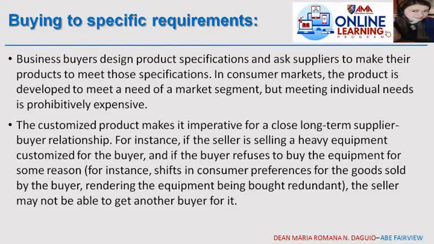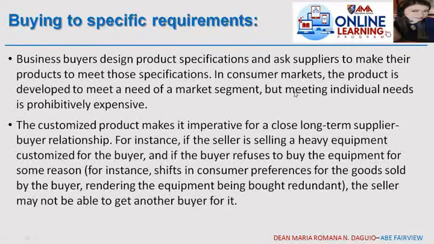For instance, if the seller is selling a heavy equipment customized for the buyer, and if the buyer refuses to buy the equipment for some reason, for instance, a shift in consumer preferences for the goods sold by the buyer, rendering the equipment redundant, the seller may not be able to get another buyer for it.